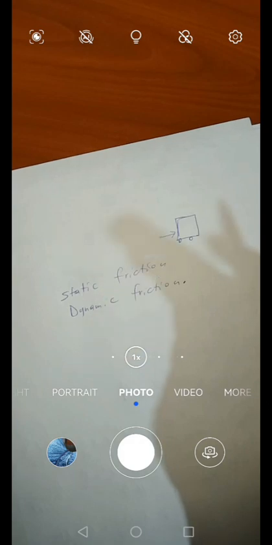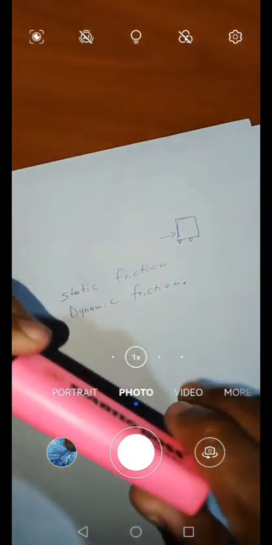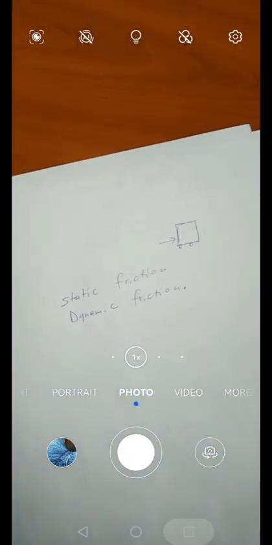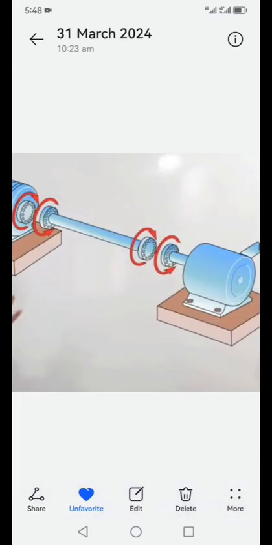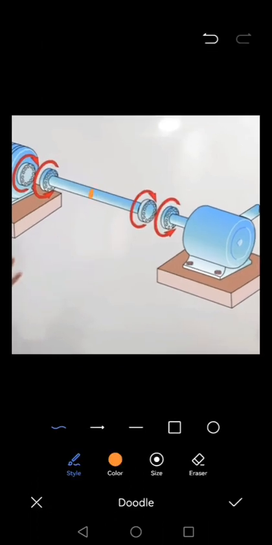So it's the same thing with the torque. If you have an object or a shaft like this, to rotate it... So in real life, in engineering, we're talking about this. You will have a shaft here. This is the shaft, and this one is also a shaft, but we can focus on this one.